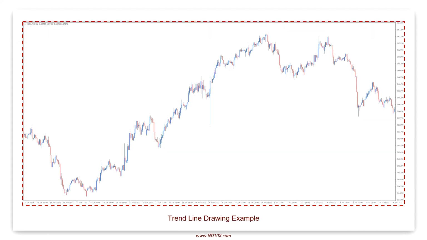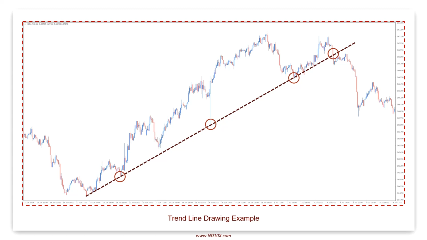So if we open this blank chart without any indicators there, we can see that uptrend in the Kiwi dollar. If you just draw a simple line from the low to the first higher low, we can see here that we tested the trend line once, twice, a third time, and only the fourth time we managed to break the trend line.